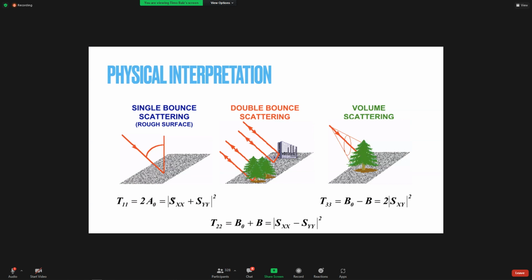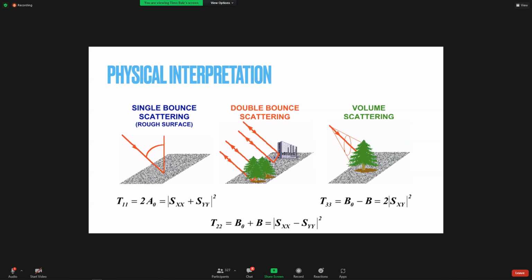One is the single bounce scattering, that is HH plus VV, which is very strong for single bounce scatterers where you just have scattering from the surface. While HH minus VV is typically very strong for double bounce scattering.